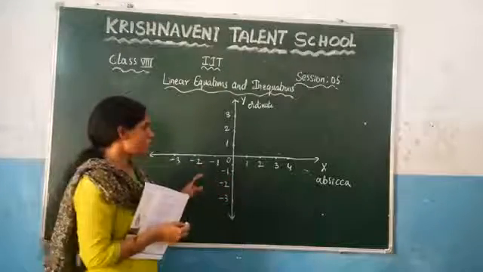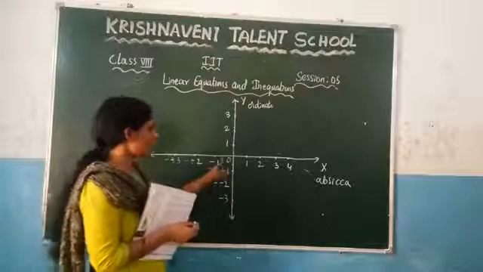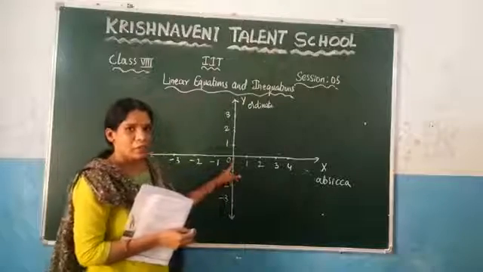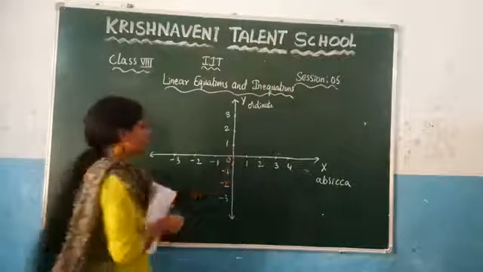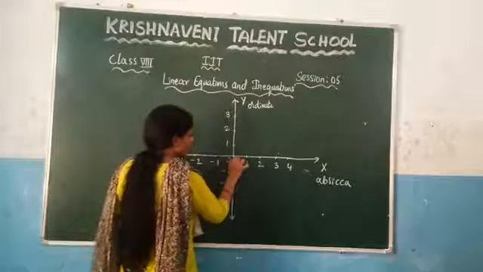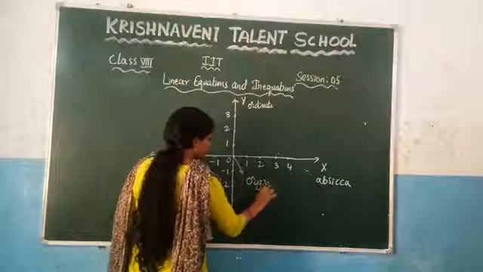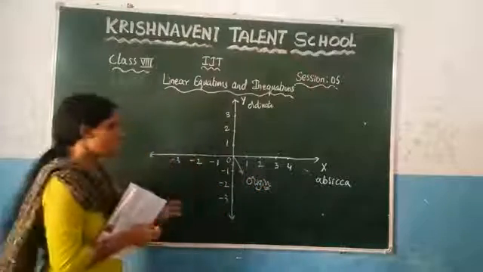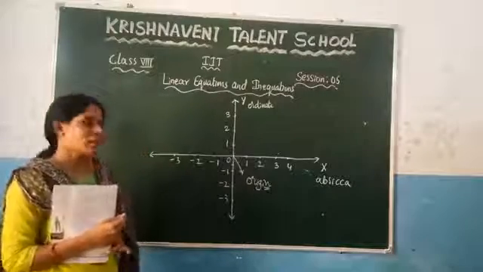And this x-axis and the y-axis are intersecting at one point. What is that point? It is the point 0. These two are intersecting, and that intersection point we call the origin. So this is about the representation of the coordinate axis on a plane.